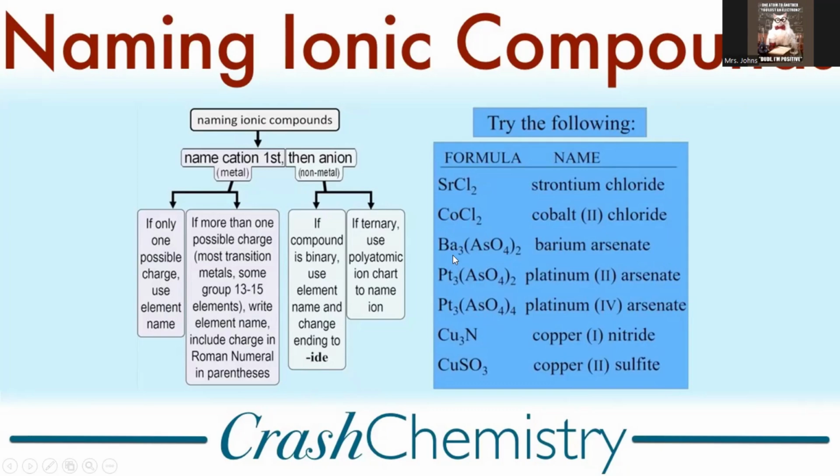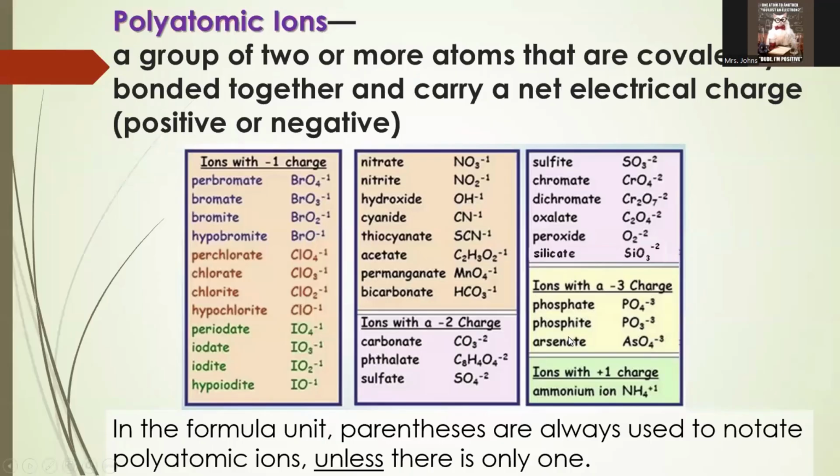Here we've got the element barium. It is a 2+, it's in group 2. And then we've got arsenate. Now, arsenate is in our chart that we just looked at. Let me go back here. So arsenate is right here, and it has a -3 charge.